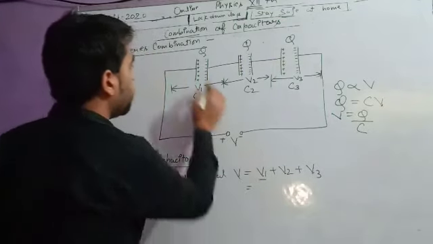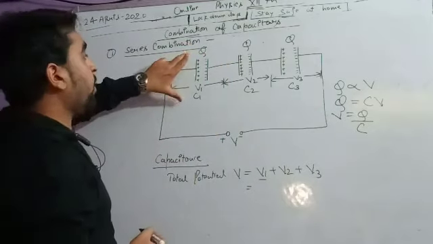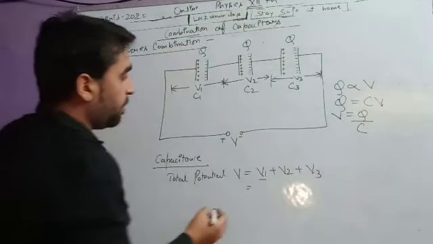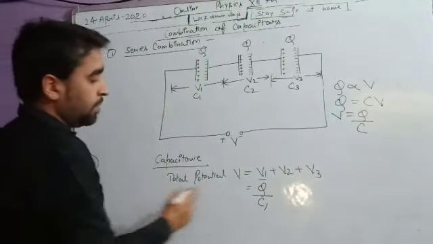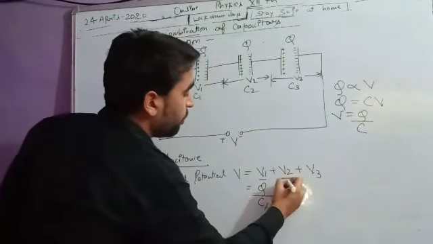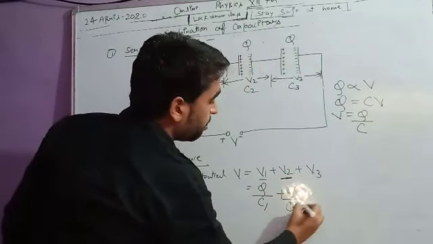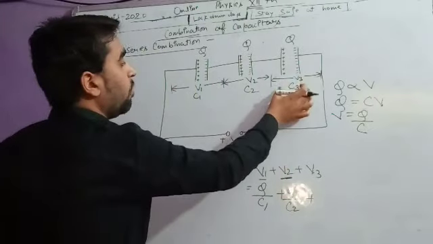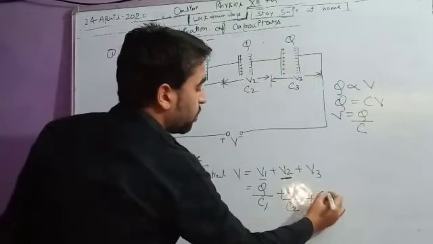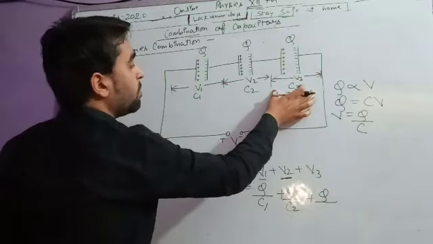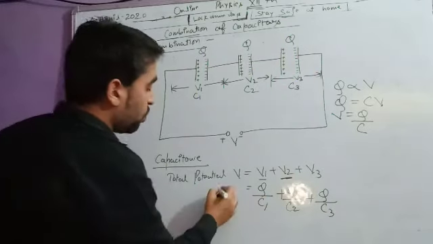Because the charge is the same for all, the potential across this capacitor will be Q divided by C1, plus the potential difference across the second one, which in the similar way will be Q upon C2. In the similar way, V3, the potential difference across the third capacitor, with net charge Q and capacitance C3, is Q upon C3. So this is the total potential.